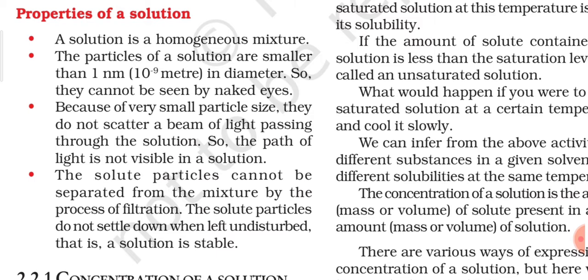Now how is light getting scattered? How can we say that it is scattering? If you observe closely, and you might have observed also, in a room definitely a lot of dust particles are there, and that is clearly visible in the path of light also.